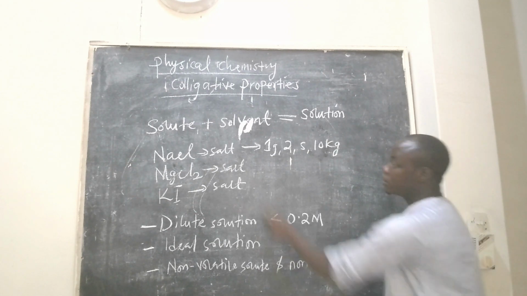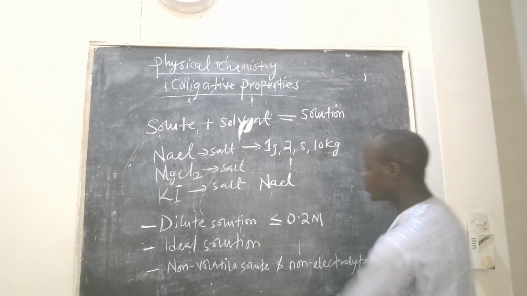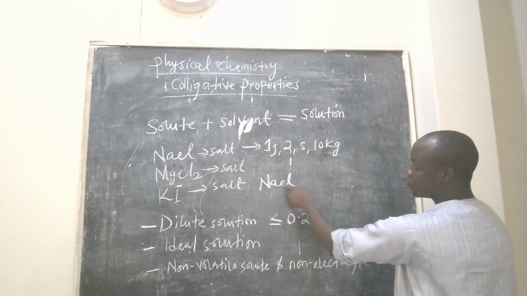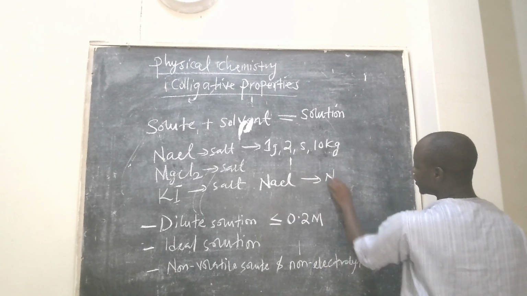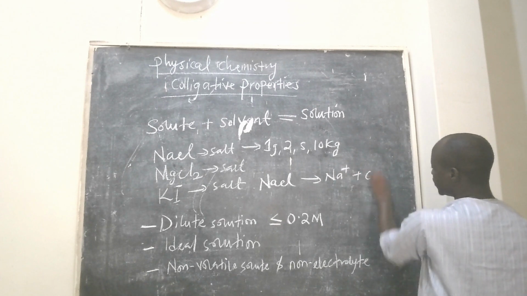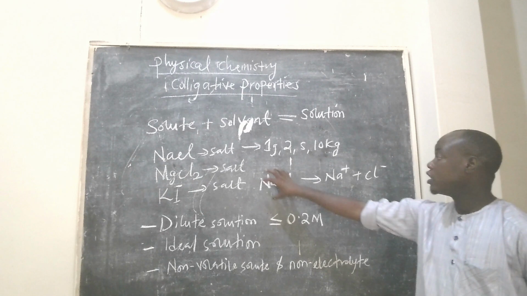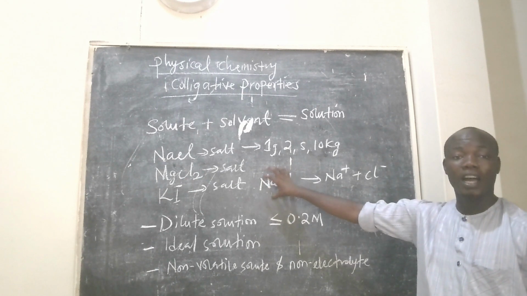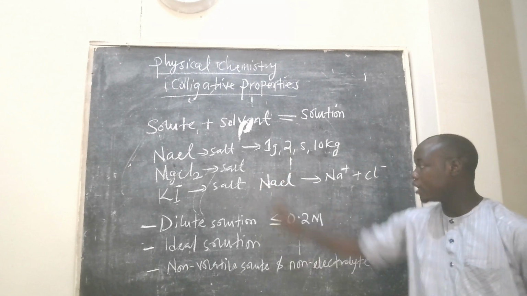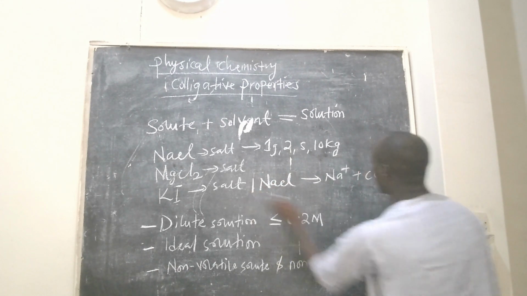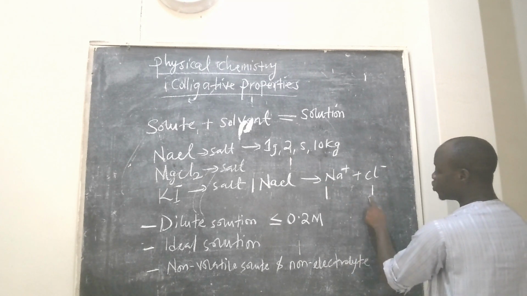For example, take sodium chloride. When you dissolve sodium chloride in a solvent like water, you will have sodium ion plus chloride ion. So in this case, the number of ions or molecules increases from 1 to 2, because you have 1 here and 1 there. So 1 plus 1, we have 2.